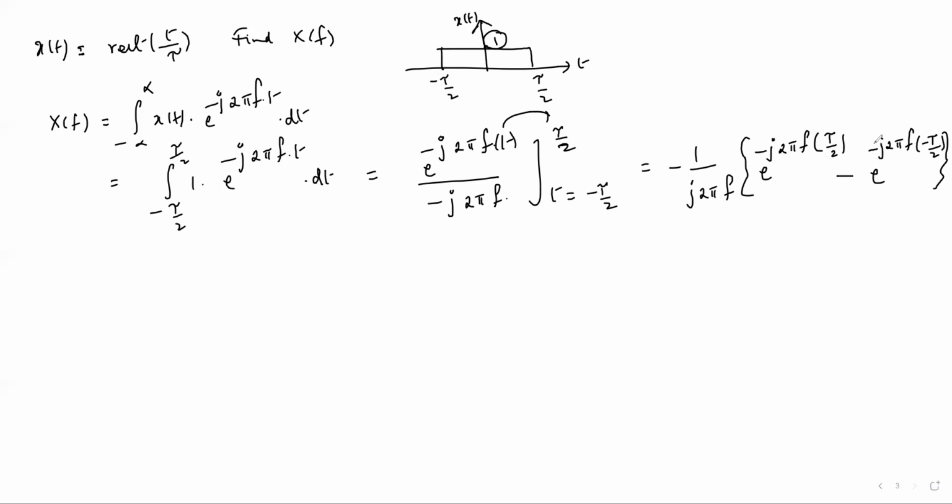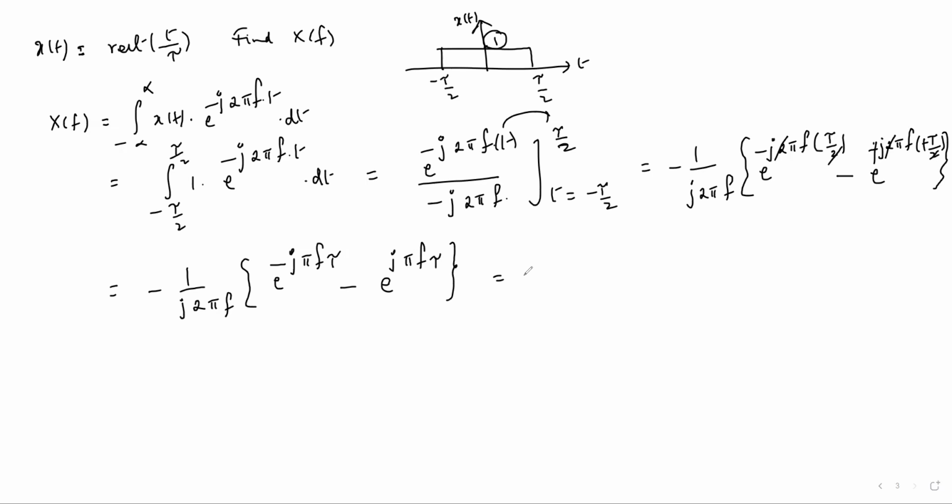So here minus minus plus, and 2 gets cancelled. What's remaining? Write down minus 1 by j 2 pi f. After cancellations, we are having e to the power of minus j pi f tau minus e to the power of plus j pi f tau.